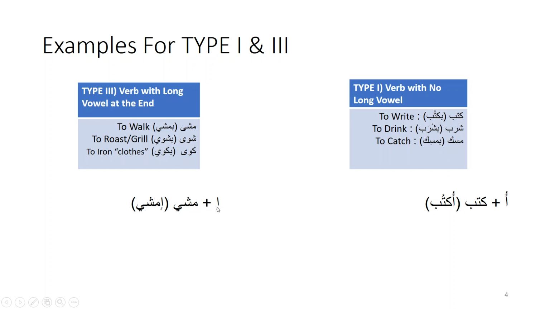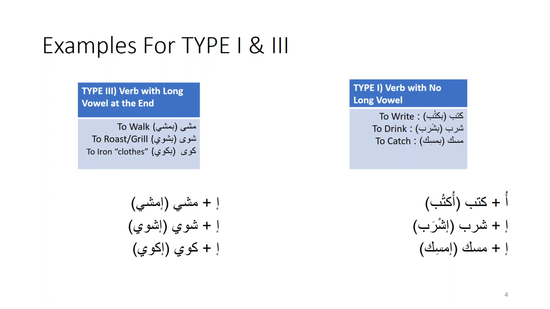Here we inserted the E, and we also imported the ya from the present tense, امشي. شرب, اشرب. شوى, اشوي. مسك, امسك. كوى, اكوي. And this is the root, as you see: مشى, شوى, كوى, كتب, شرب, مسك.